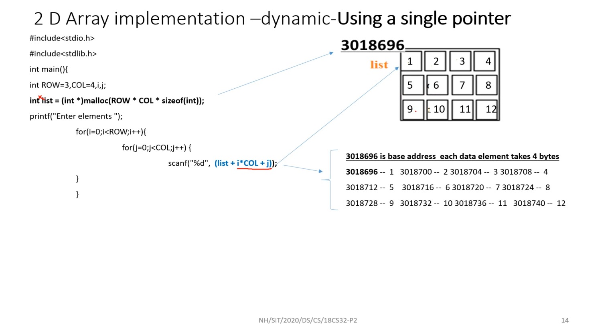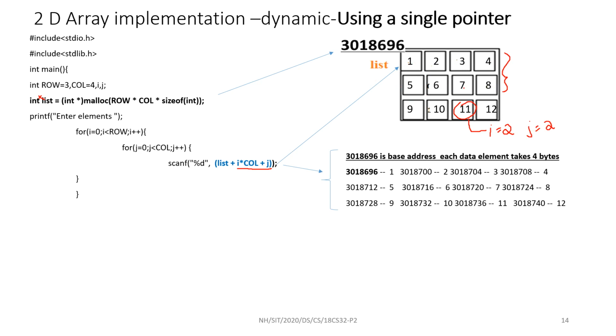Suppose, I will give one more example. Suppose I want to read the value for this cell, 11. What is the index of this one? I value is 2, j value is 2. Now, how many rows do I have to skip? The first row, the second row, these many rows I have to skip.